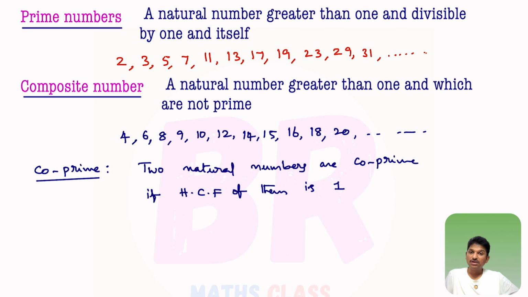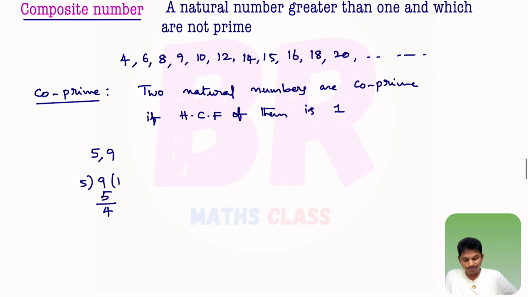For example, take 5 and 9. How do we calculate the highest common factor of 5 and 9? One easy method: divide the bigger number by the smaller number. 9 divided by 5 leaves remainder 4. Now divide 5 by 4.